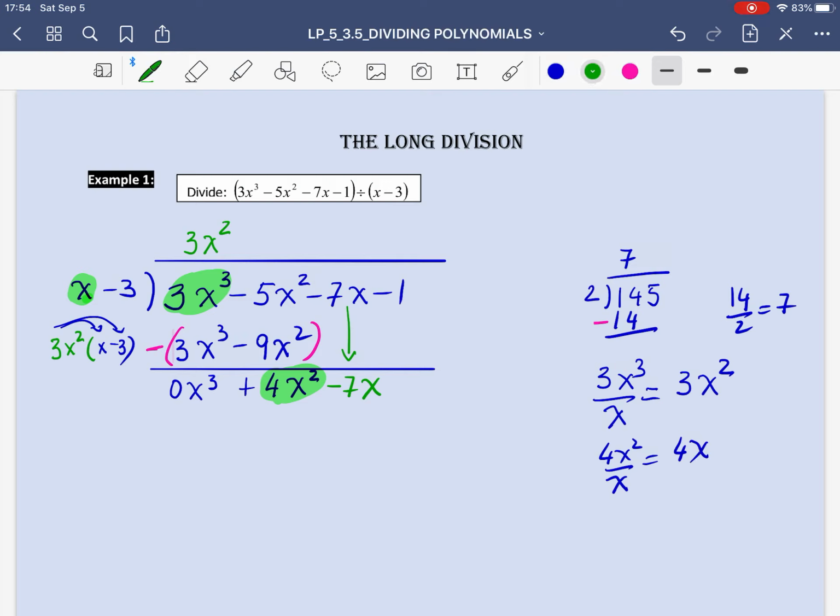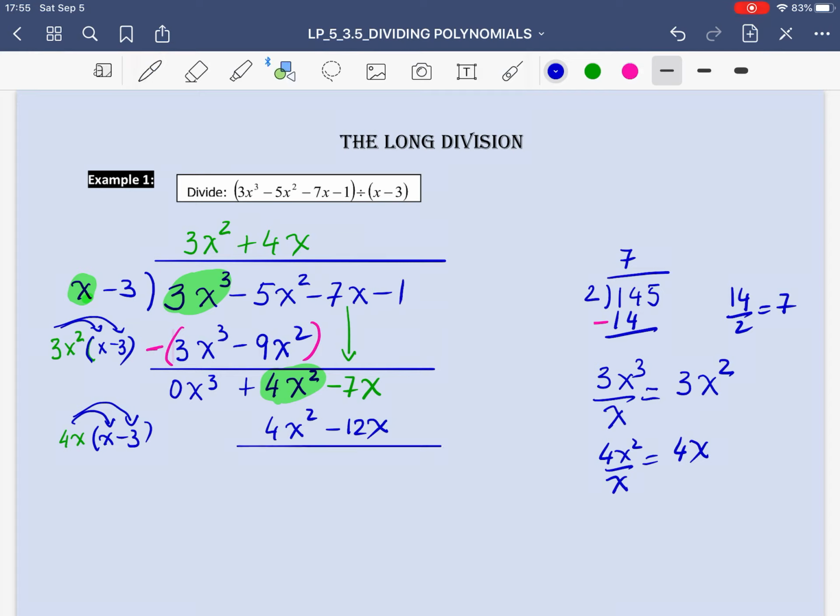So we'll write 4x in here. And then we'll multiply 4x by x minus 3 again. Now 4x times x is 4x squared. See how we are kind of making each term disappear, but everything goes in order. And 4x times negative 3 is negative 12x.